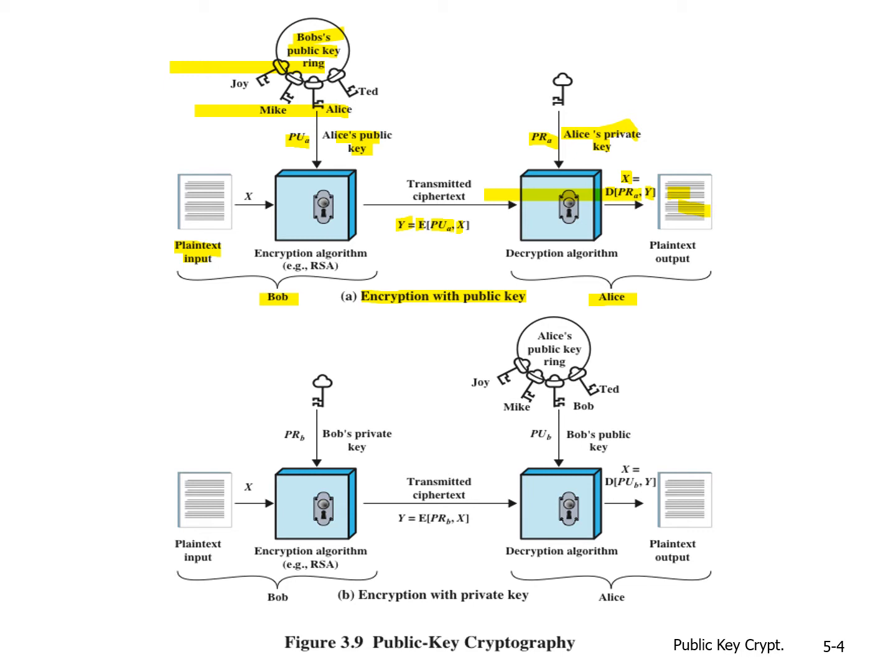Let's see the other method, encryption with the private key. Bob encrypts plain text input using Bob's private key.